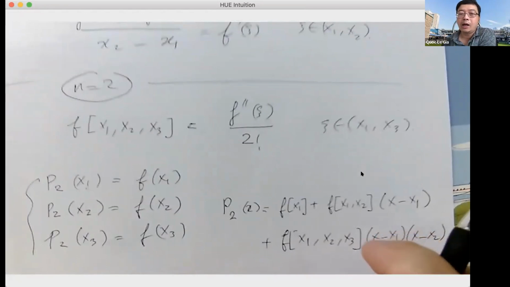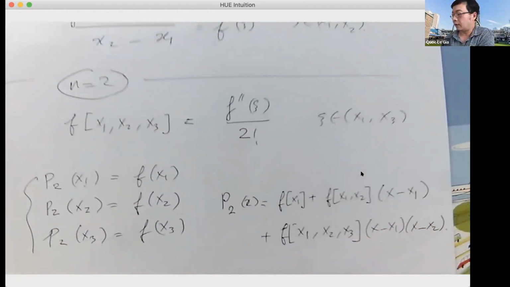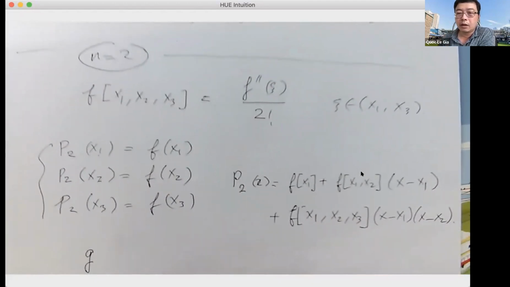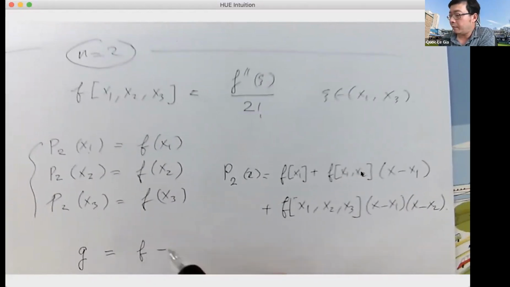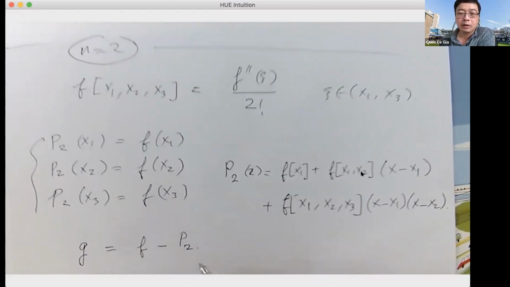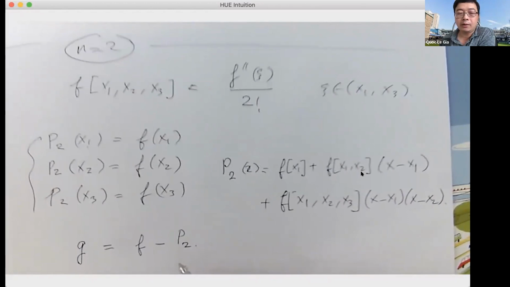So now let me consider this function g. g will equal f minus p2. So what is special about function g?